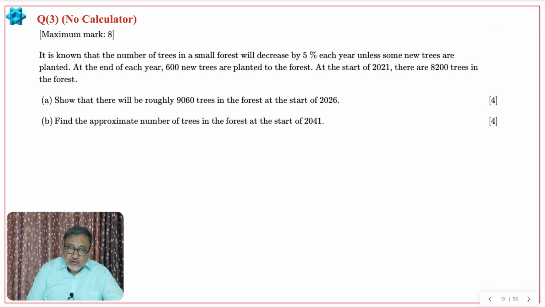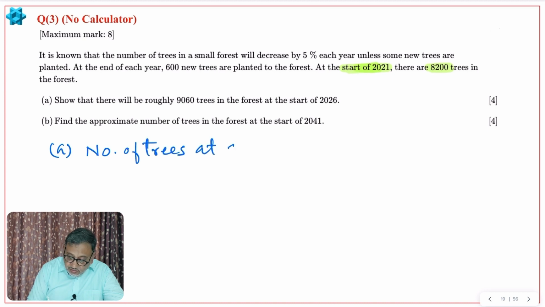So the number of trees at the start of 2022, because they are starting in 2021. At the start of 2021, there are this many trees, right? So the number of trees at the start of 2022 will be, how many trees will be there? T1.